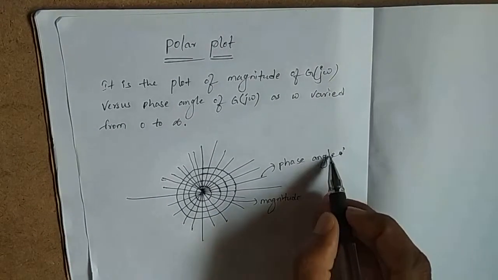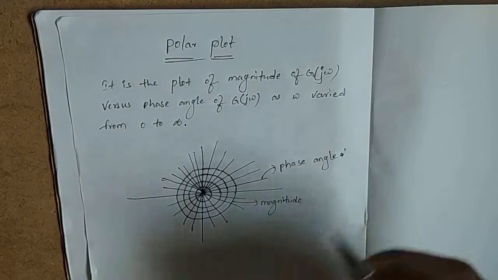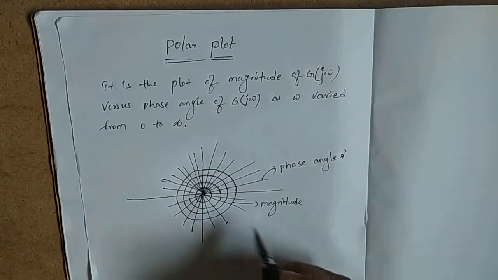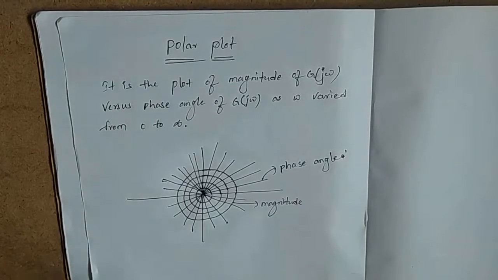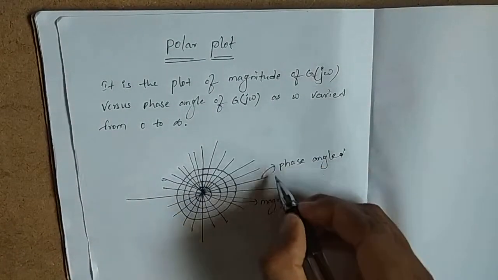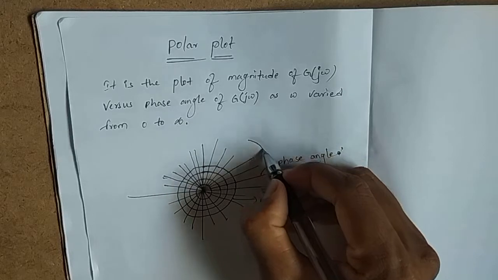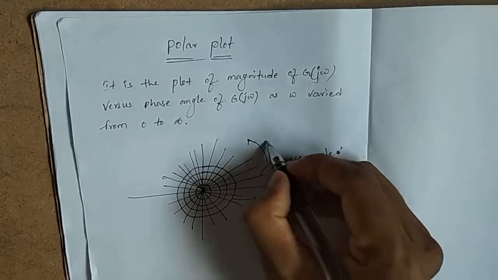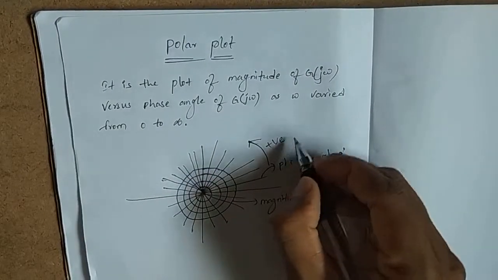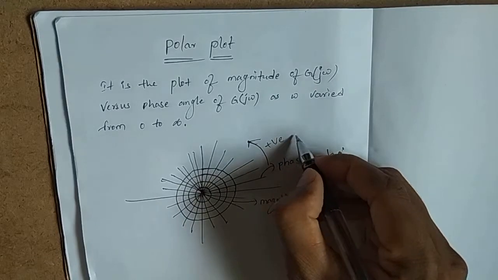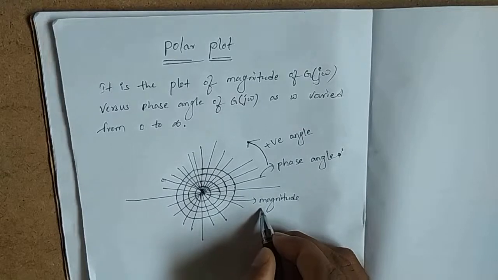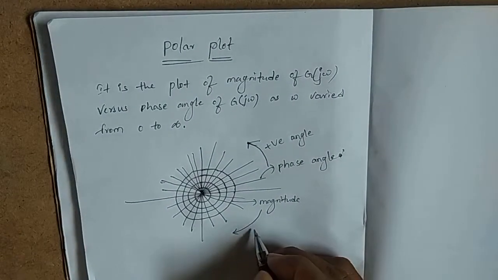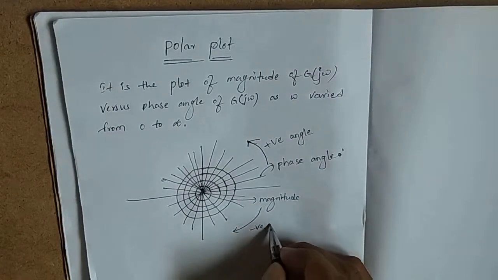Based on the phase angle of G of j omega, we can point the magnitude of G of j omega. The anti-clockwise direction gives positive angle, and the clockwise direction gives negative angle.